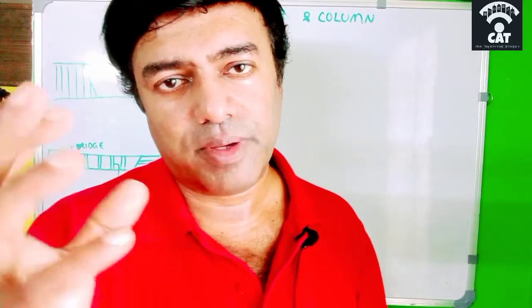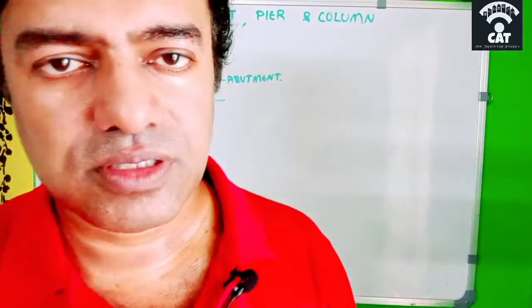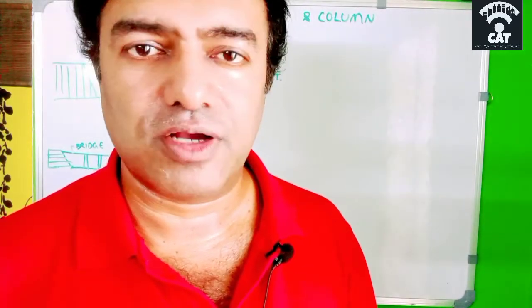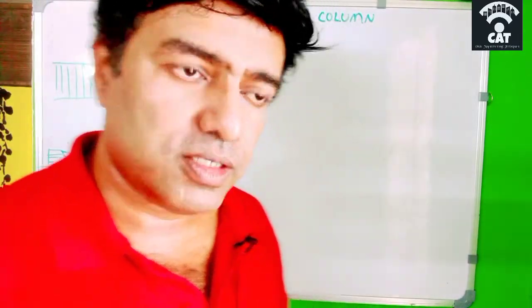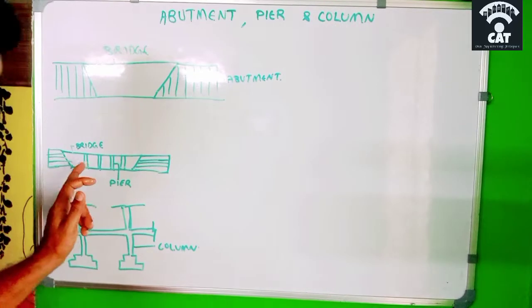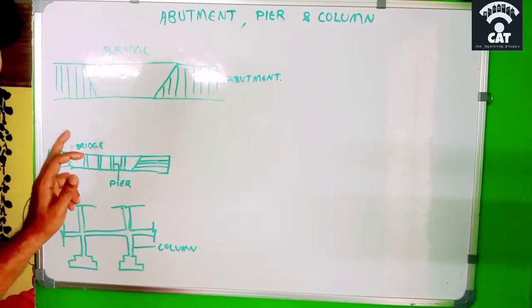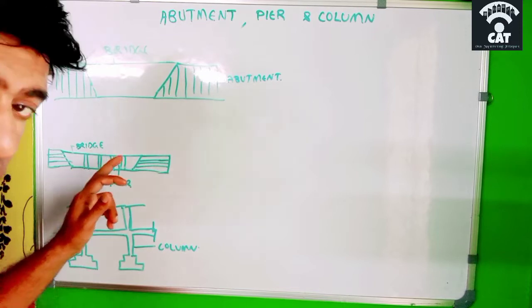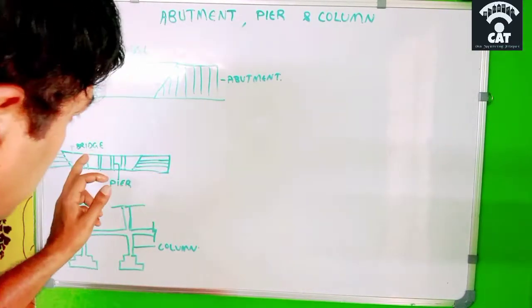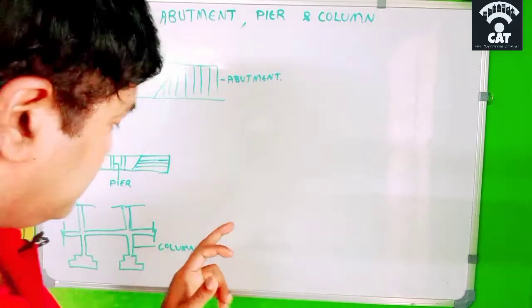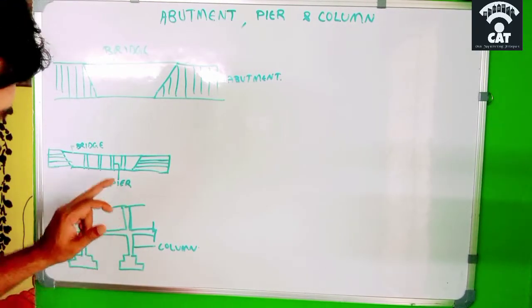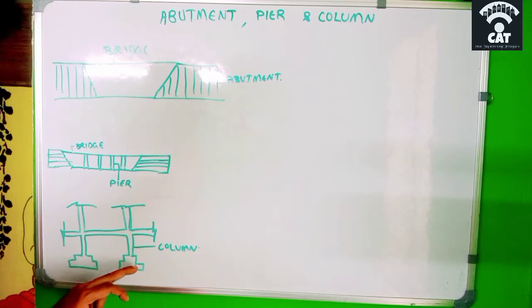These three loads coming on the bridge get transferred through the column to the footing. That is the function of the column. A pier does the same thing. It also transfers the vehicle load, the slab load and the beam load coming on top of it to the footing.